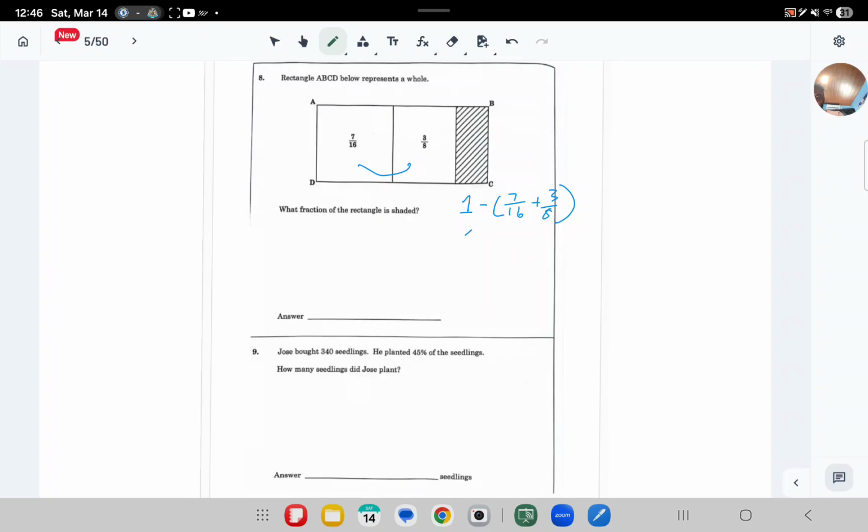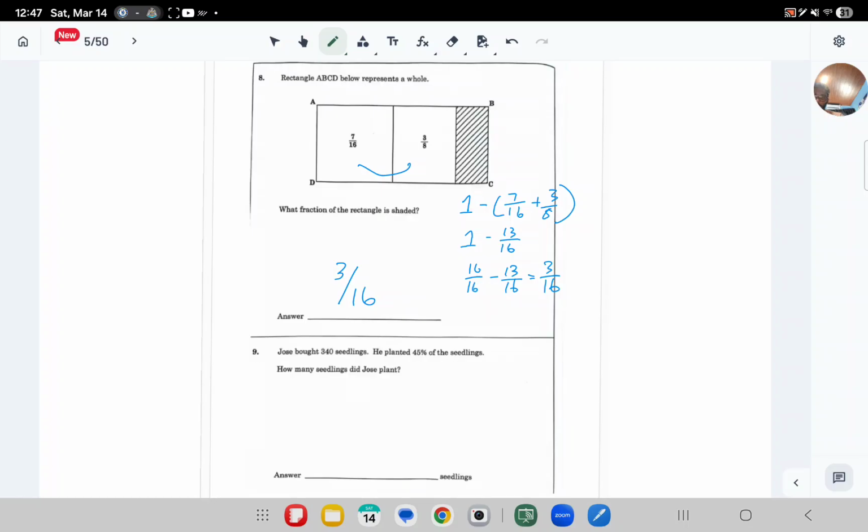We know that will give us 13/16. Since the denominator is 16, to represent the one whole as a fraction, we can put 16/16, take away 13/16, and that will give us 3/16. Alright, so 3/16.